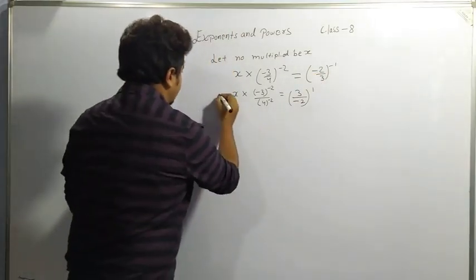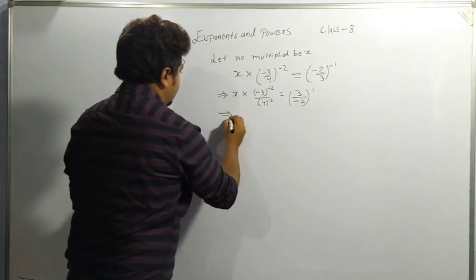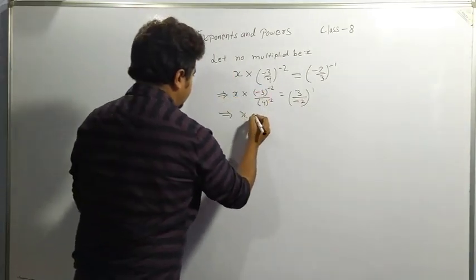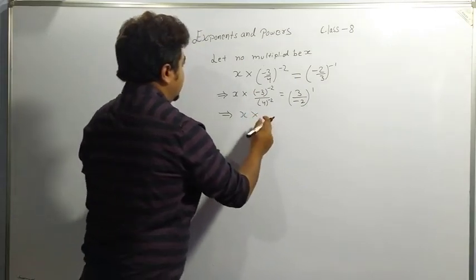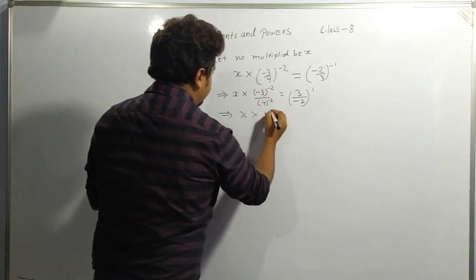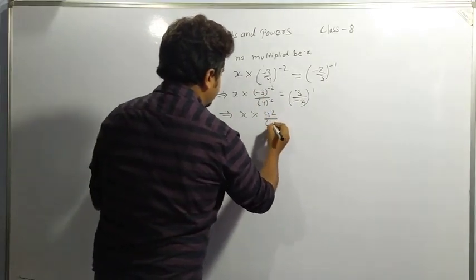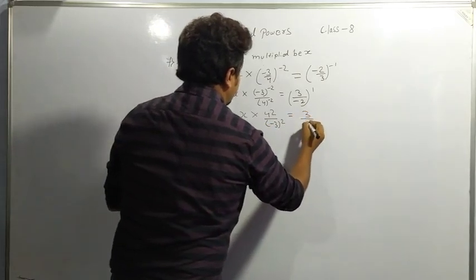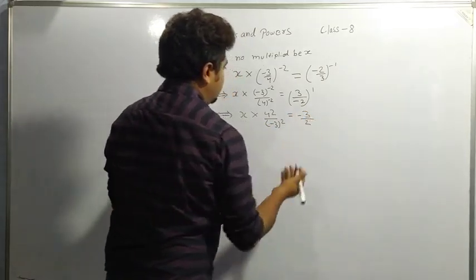So x into, since the power is even, we can reciprocate it again. So this is 4 square by minus 3 square equal to 3 by minus 2.